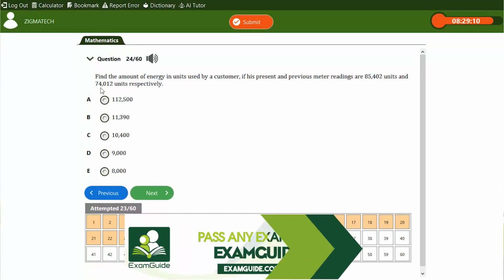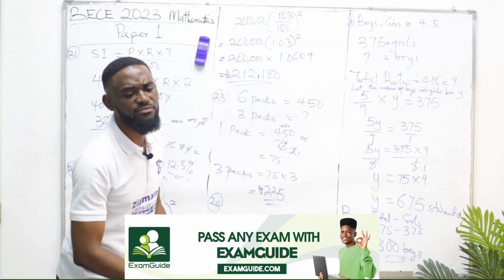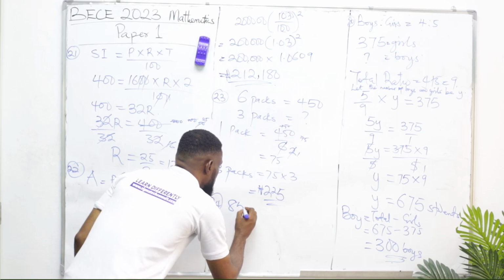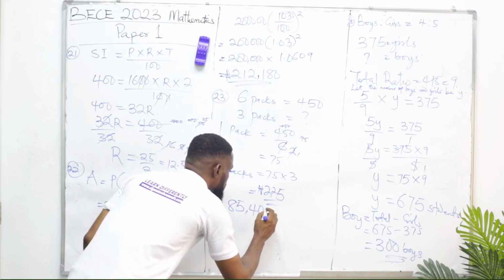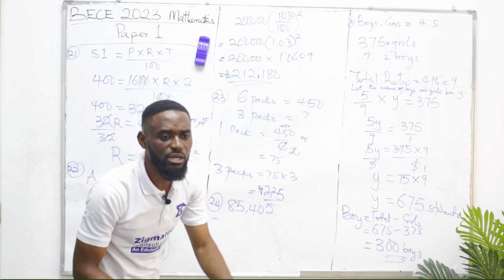So what is the amount of energy he has used? It is to subtract the previous one from the current one. Simple. So we're just going to do 85,402 minus what?